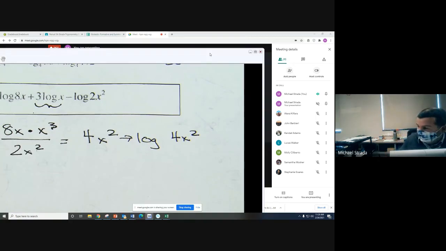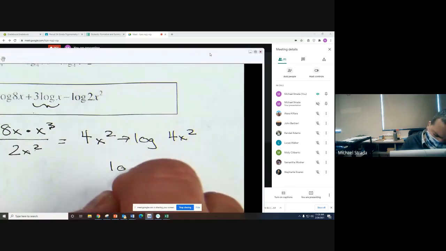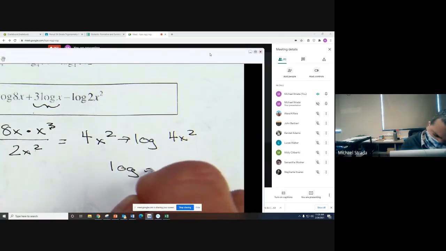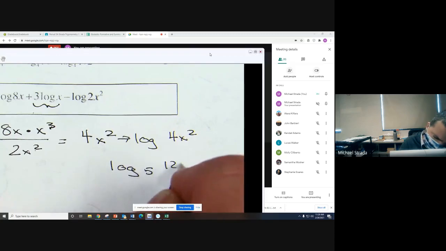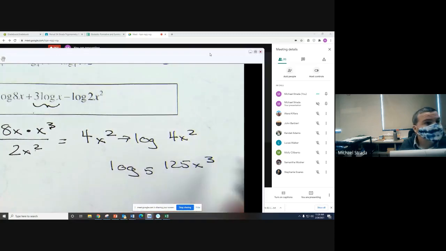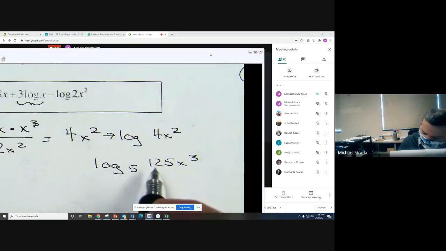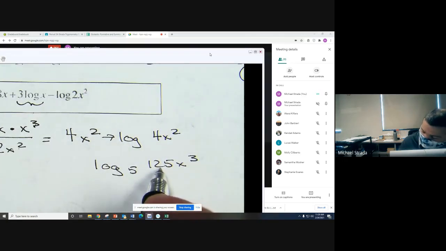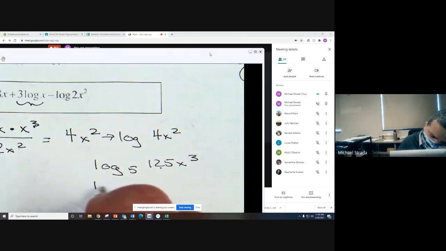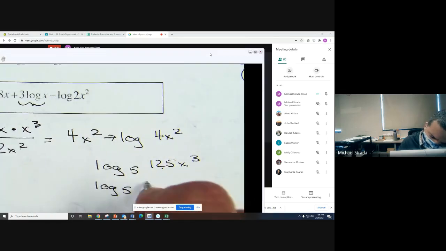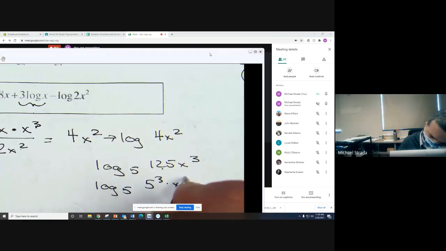Now what you may have to do, and this is what we'll tackle on Monday, is let's say you had the log 5 of 125x cubed. Well, 125 is 5 to the third. So this would become the log 5 of 5 to the third times x cubed.